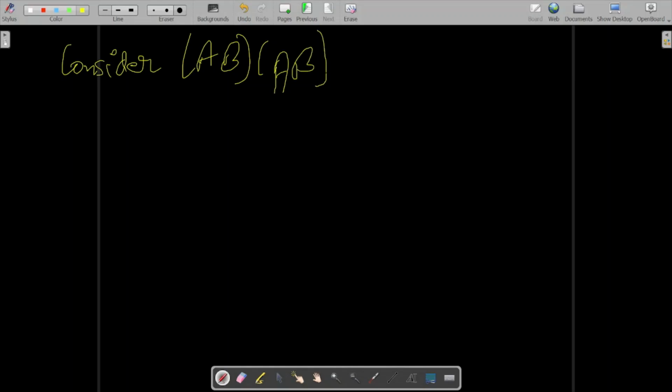Okay, consider AB transpose. AB transpose is equal to AB will be as it is, and this AB transpose can be written as B transpose A transpose. Just told you just now.